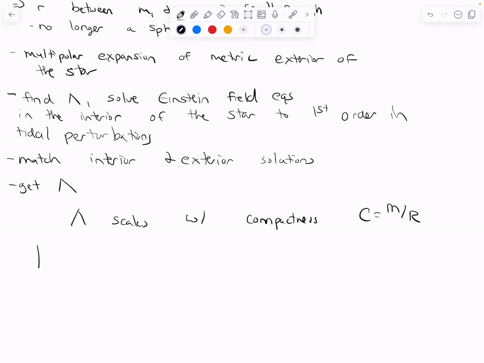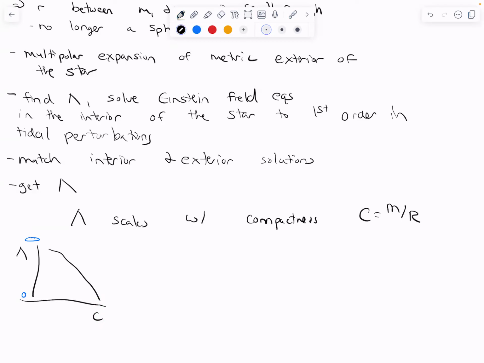And so I can then write down lambda versus C here, and it will generally look like this. So if I have a more compact star, this means that it's harder to squish it. Smaller tidal, so maybe I can actually just draw for you what that looks like. If I have a small tidal deformability, basically my star is round. And if I have a large tidal deformability, then it's squishier. So it's more deformed. So that's the way to think about this.